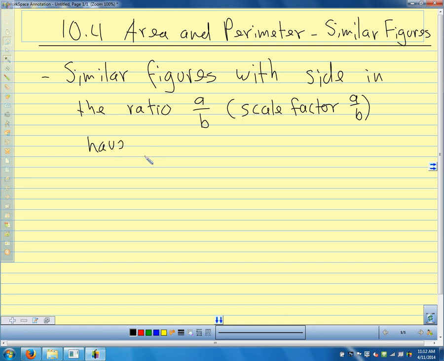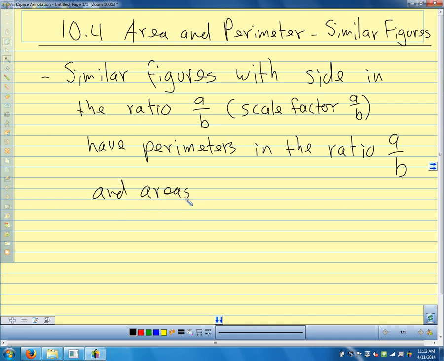Similar figures have perimeters in the ratio A over B. So the ratio of the perimeters is the same as the ratio of the sides. And areas in the ratio A squared over B squared.